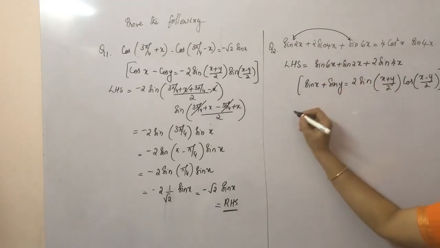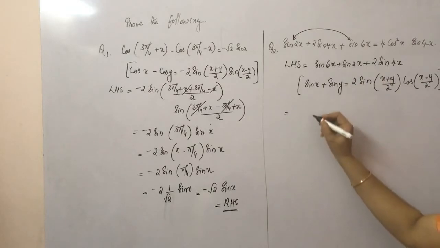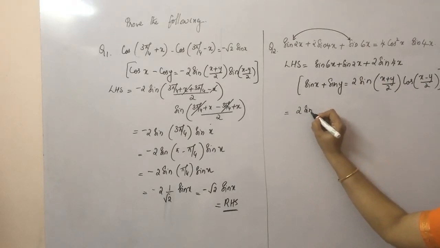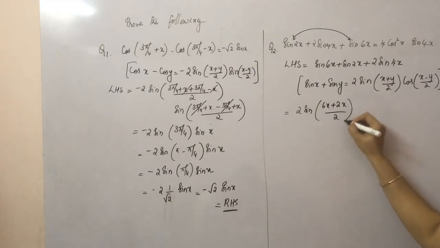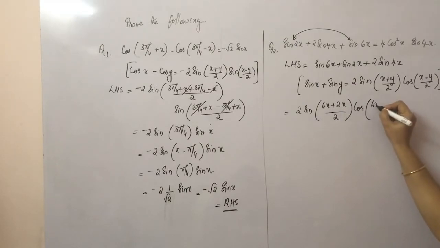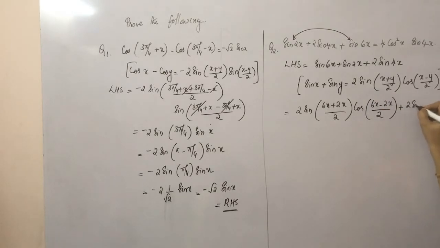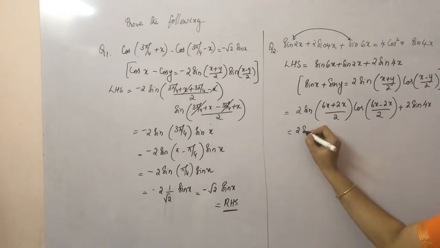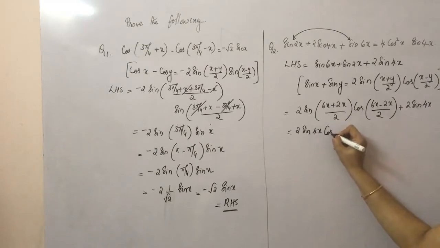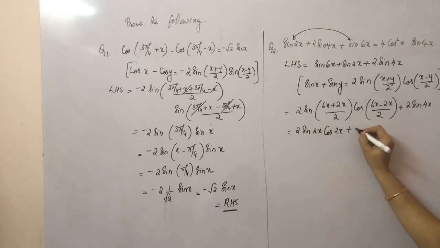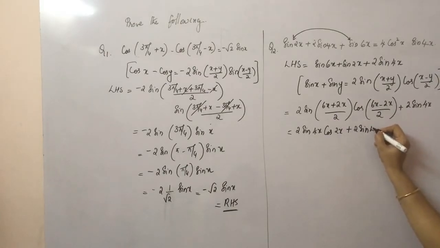So in that case, what is sin 6x + sin 2x? It is 2 sin((6x+2x)/2) into cos((6x−2x)/2), plus what is remaining, 2 sin 4x. Now this is equal to 2 sin 4x cos 2x + 2 sin 4x.